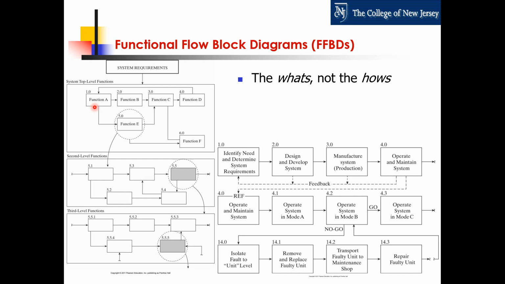Highlighting here that this is also hierarchical in nature. So this function E may have its own second level functions here, and this box over here, 5.5, may have its own set of third level functions, just like you can have hierarchical state machines and state charts.